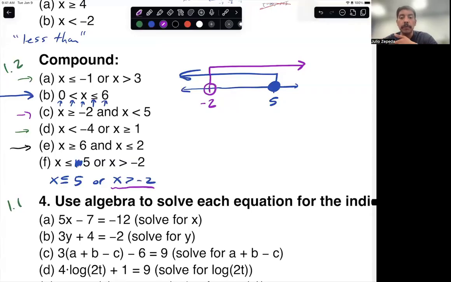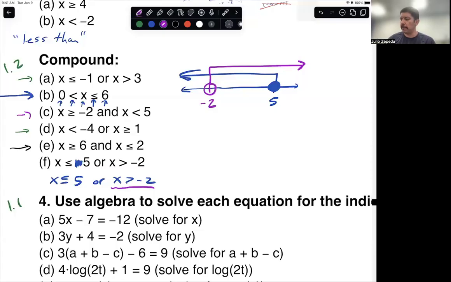We could satisfy them both, but we need at least one satisfied to be part of the solution set. And so notice that in terms of the graph, we can say, well, which of the numbers are touched by one of the shadings at least one time? And it looks like all of the numbers are reached by this shading at least once.